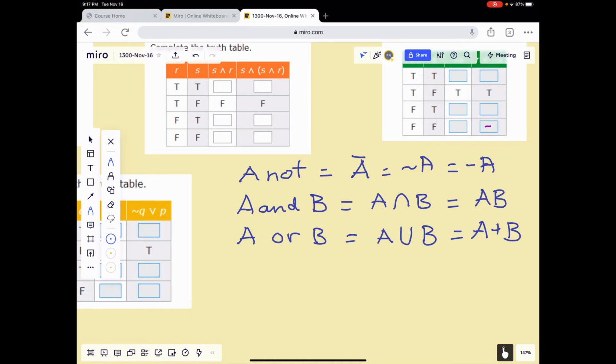When you do not, if you're writing by hand, you can put down a little bar on top, but sometimes it's very hard on a computer, so you put the little tilde in front of letter A, or you can put negative A, and sometimes people use A and an apostrophe that represents a negation of A.